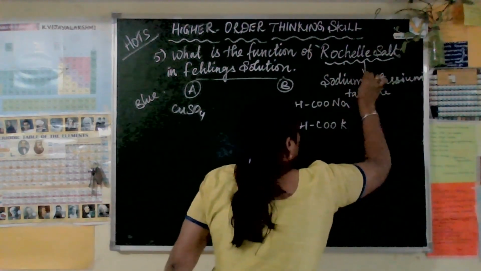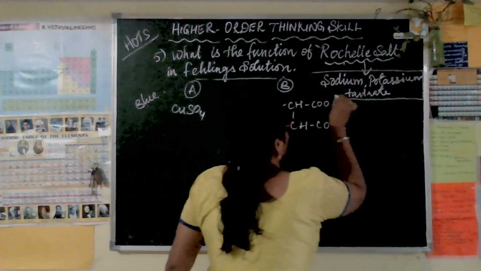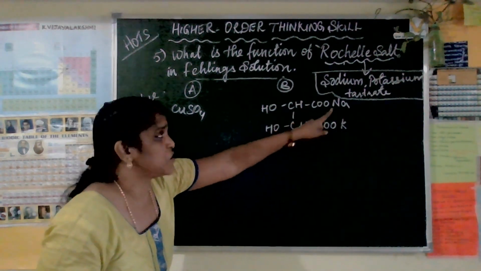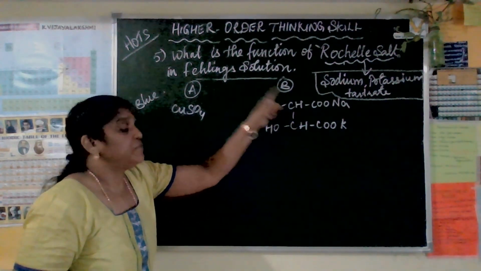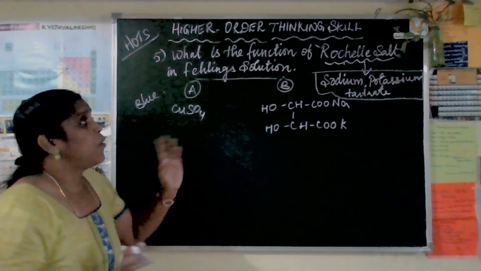So what is it also known as? Rochelle salt. That's what I have purposely written there. Rochelle salt, also known as sodium potassium tartrate, is also known as Fehling solution B, and this is the formula. Okay, now what is the function?